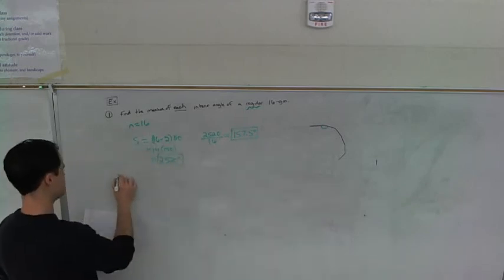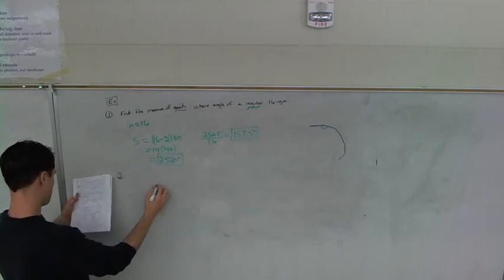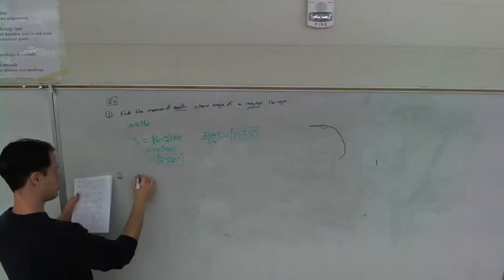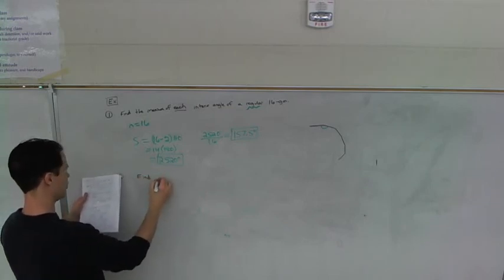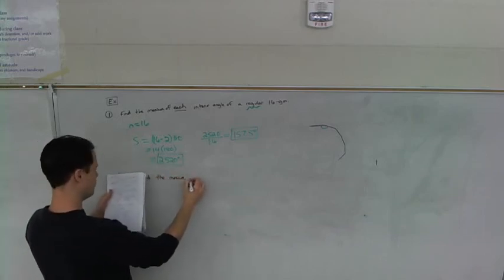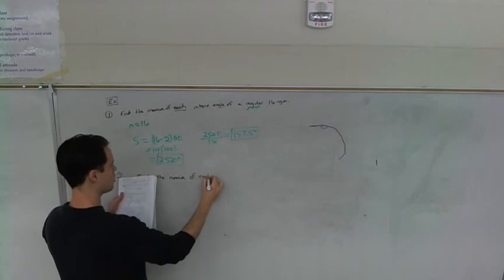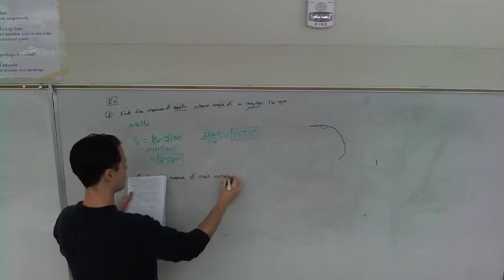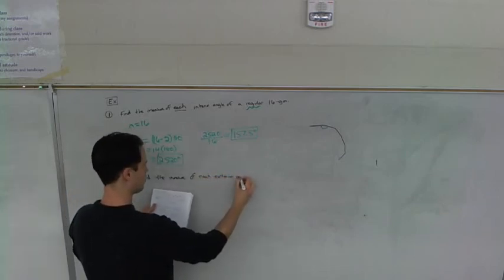Let's do another one. So say that we have a 13-gon, and they say find the measure of each exterior angle.